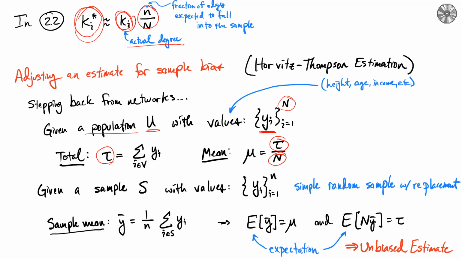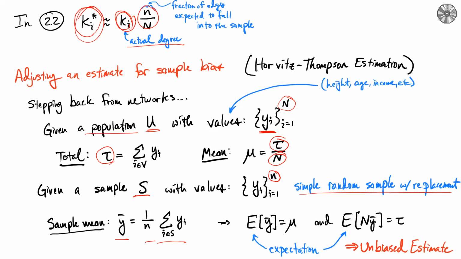So then if we go ahead and make a sample, we use capital S for the sample. In this case, let's assume, again, we're going to be doing a uniformly random sample, but we do have replacement in this case, so we could pick the same node again, just to make the math easy. If this sample includes little n samples, then for the sample mean, we'll use y bar to denote it, and that's just the sum of all these divided by little n.